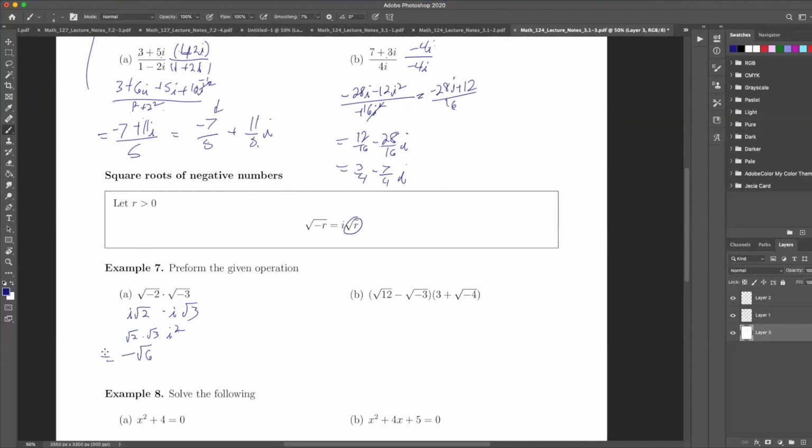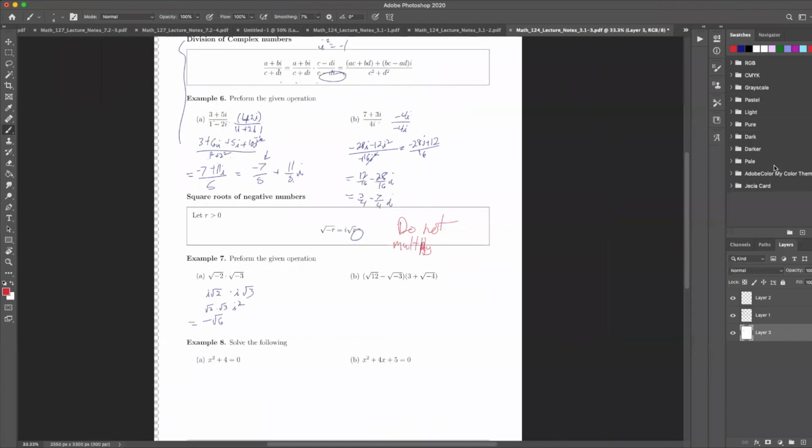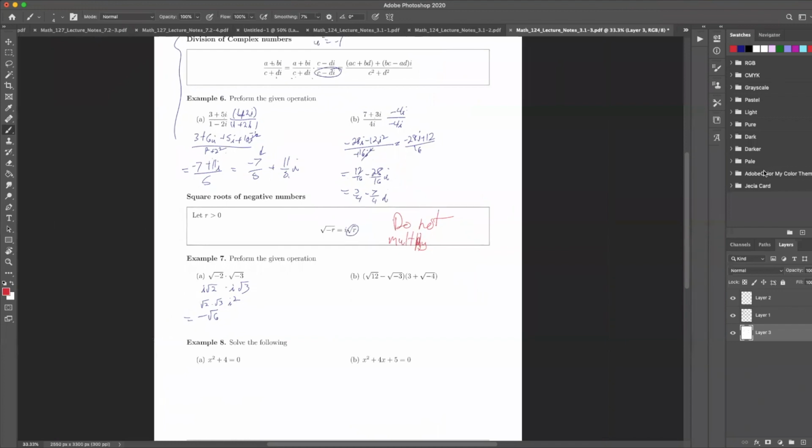So we get that. Do not multiply negatives under the radical.